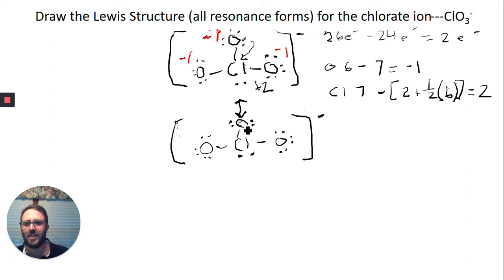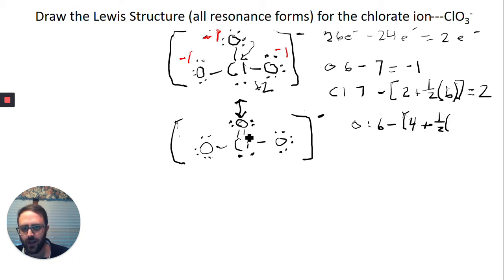Okay, so let's look at this oxygen. Now this oxygen is different than these 2 oxygens. So let's do the formal charge. Again, oxygen 6 minus the number of non-bonded electrons, right? So 1, 2, 3, 4, minus 4 plus 1/2 times the number of bonded electrons.